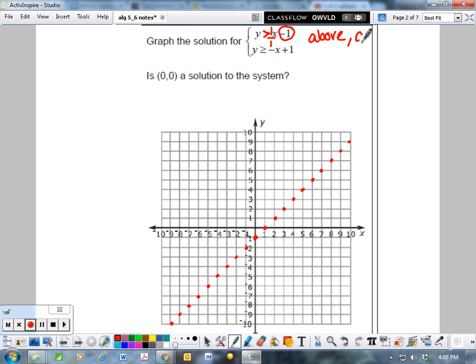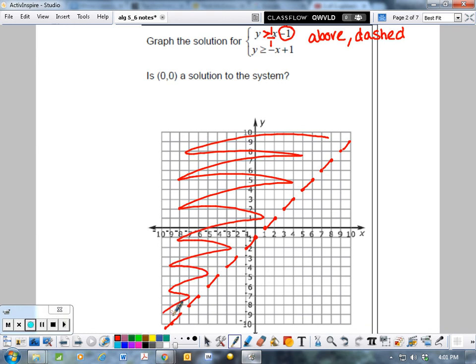And then it's going to be dashed because there is no line underneath. So I'm going to draw a dashed line. And greater than means I'm shading above. So I'm going to shade everything above the line.